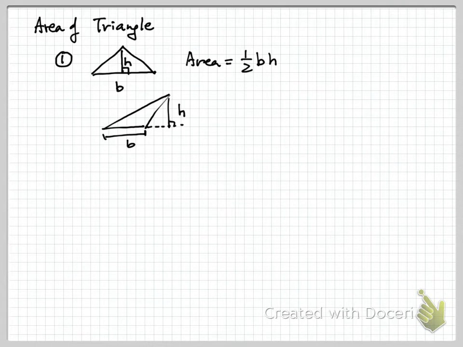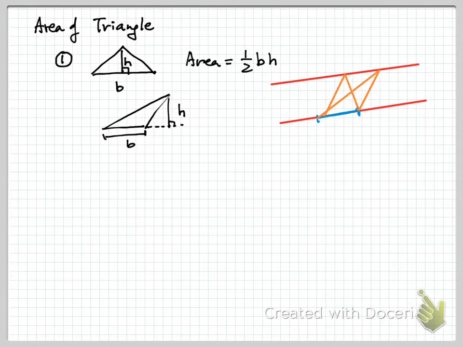Which means that, once again, if you have a pair of parallel lines, like rails, and then you have the same baseline, this blue one is the baseline, then all the triangles with the vertex on the top rail will have the same area because of half BH.